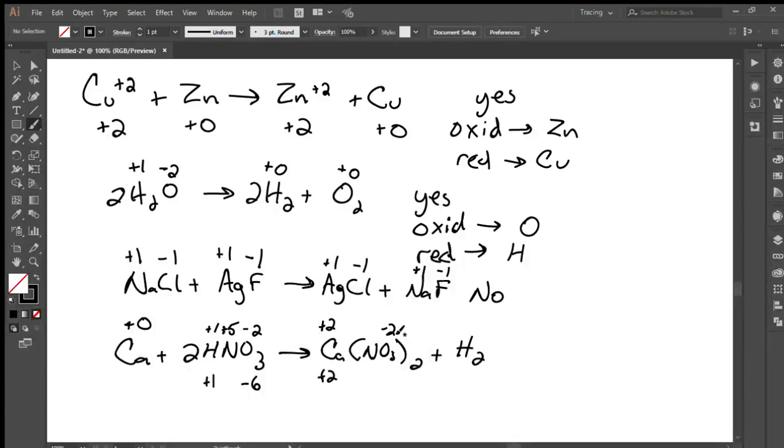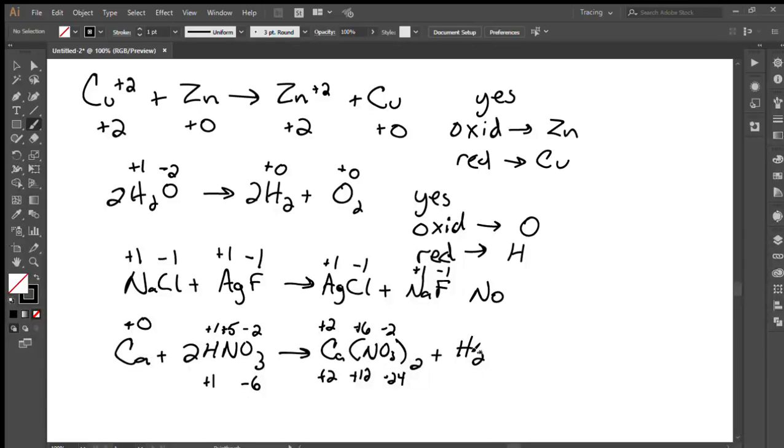Now we've got 6 oxygens times 2, which is 12, -2 oxygens. So that gives us -24. So in order to balance this out, we need 12, or half of that, because there will be 2 nitrogens. So we need a +12 here, which means 2 nitrogen will be a +6.